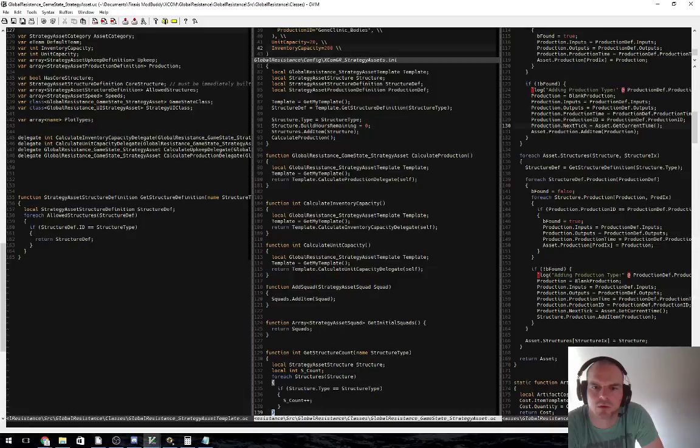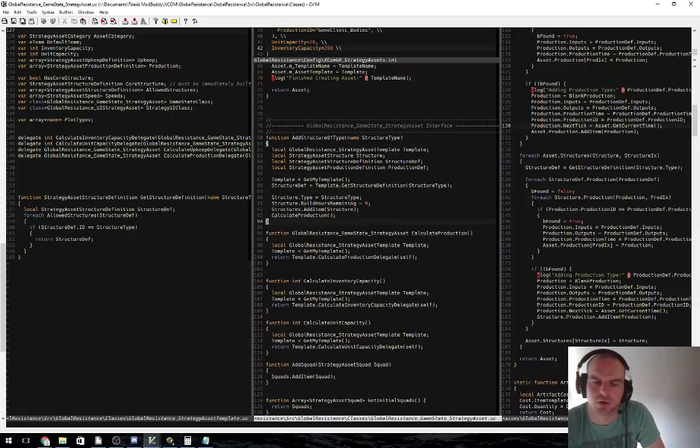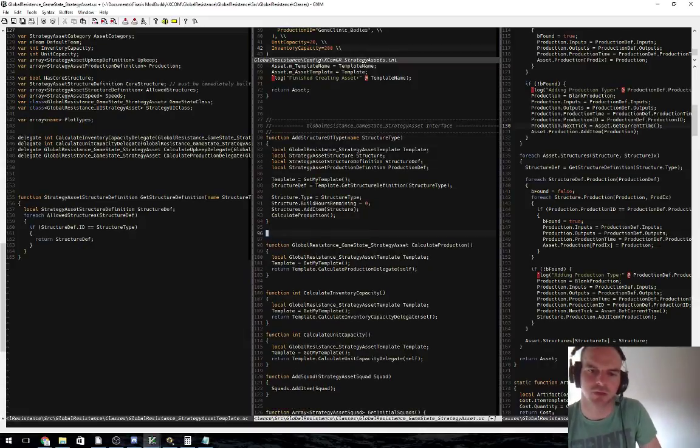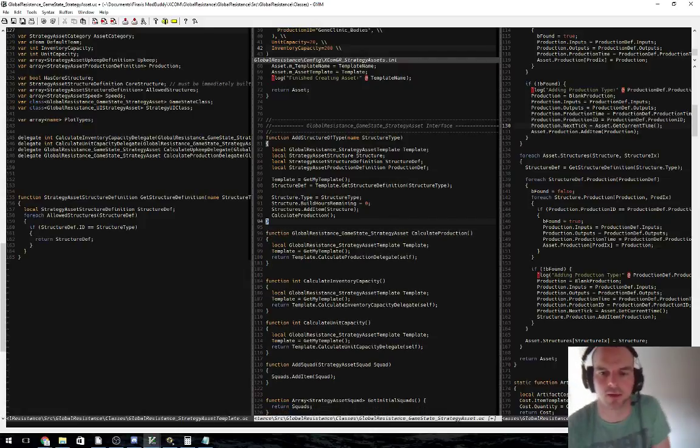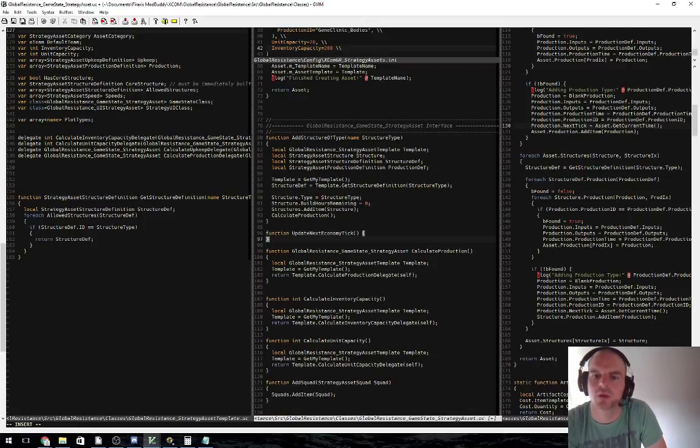Alright, what do we want to do? Whenever we calculate production, we want to sweep to see what next production tick is, or rather just next tick. So function update next economy tick, because that's what it is. It's economy ticks that we're measuring here.